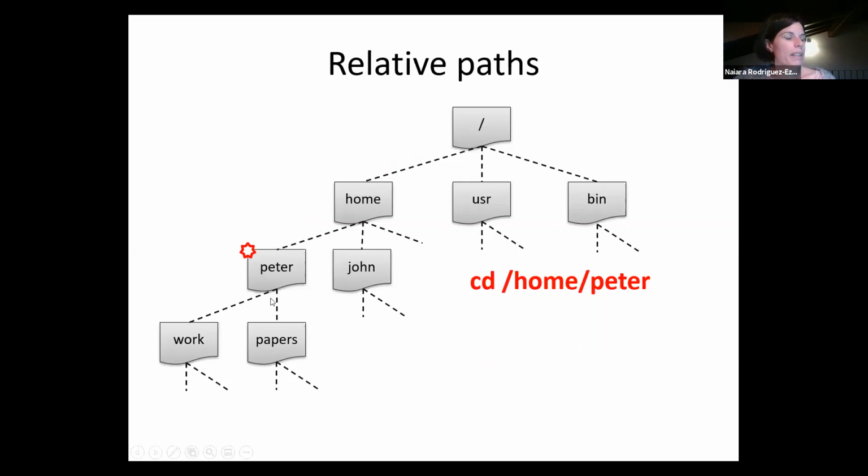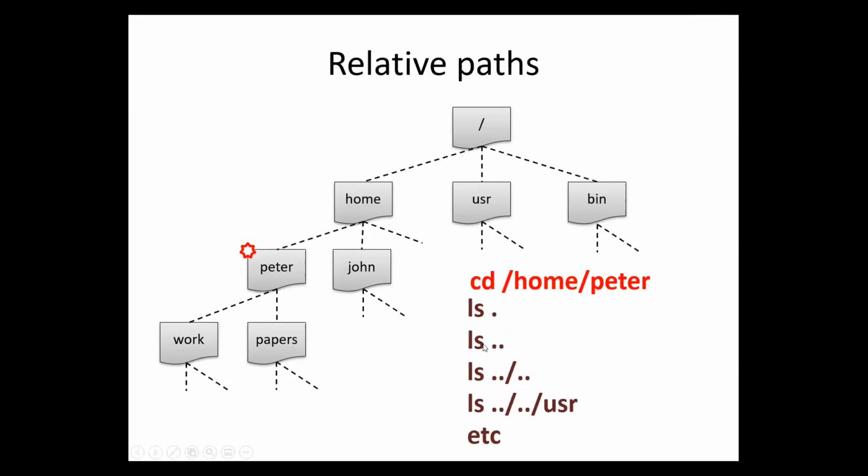So if I'm located in Peter, I do cd home Peter, right? I can do ls dot. What do I get if I do ls dot? It says work and papers, right? If I do ls dot dot, Peter and John, yes, exactly. And if I do ls dot dot / dot dot, I will get home, user, bin, right?